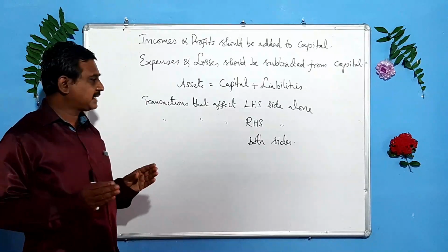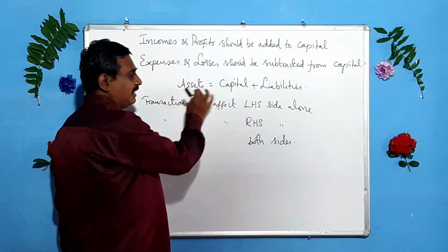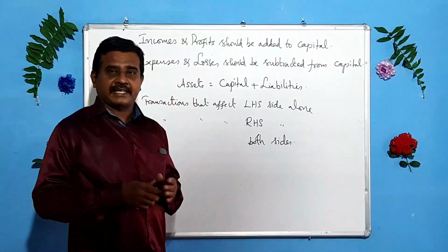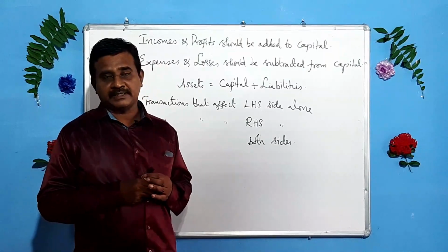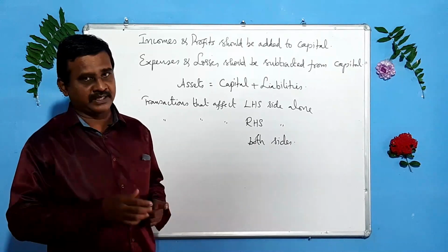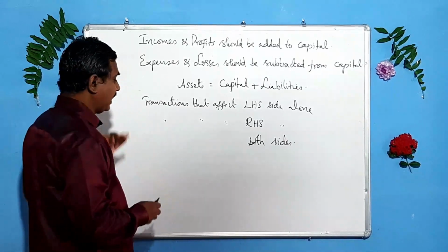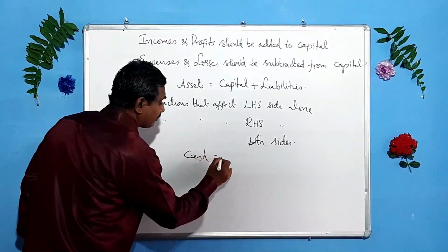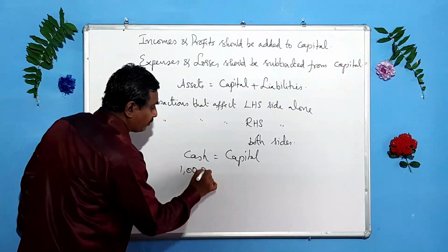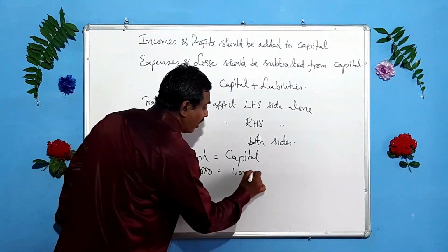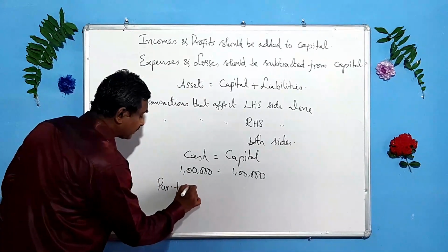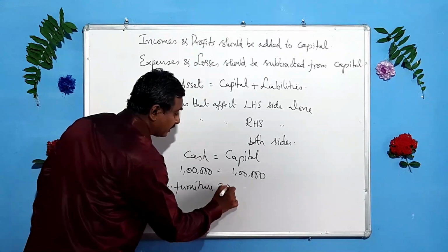See, some transactions affect the left hand side alone. This is the left hand side, assets. For example, there is cash of 1 lakh rupees. From that cash, I buy furniture for rupees 20,000.